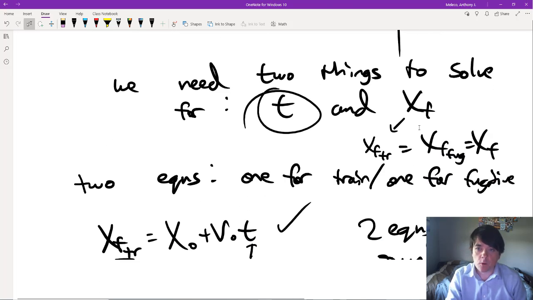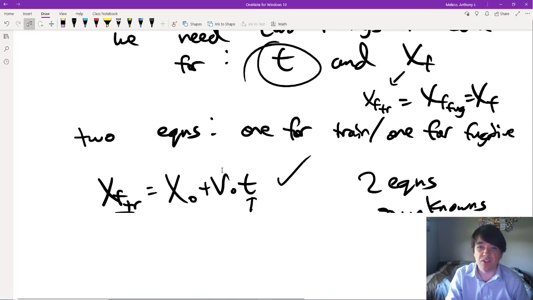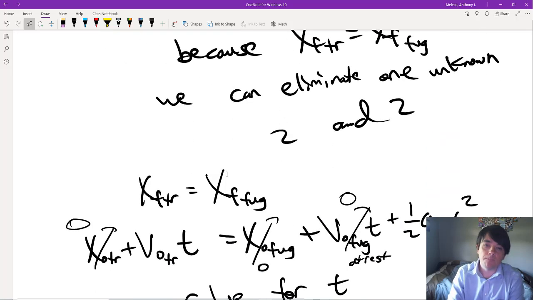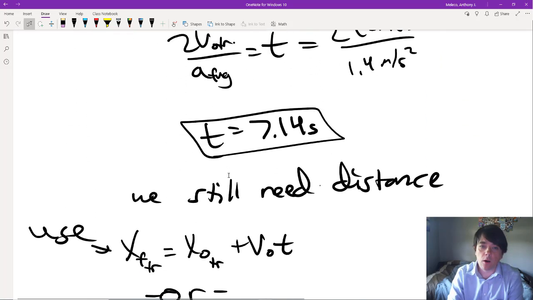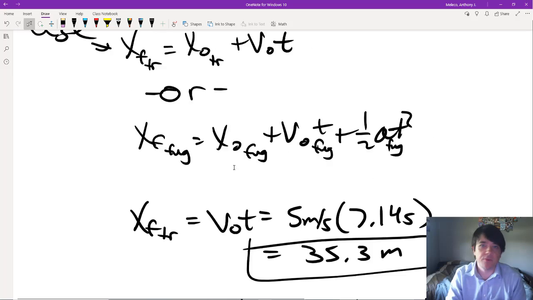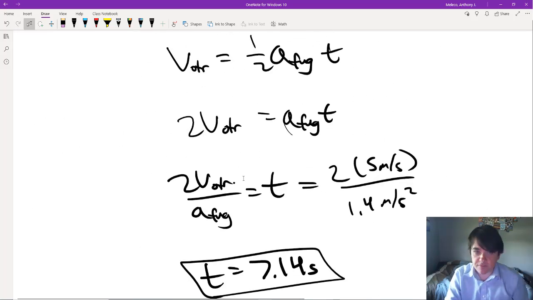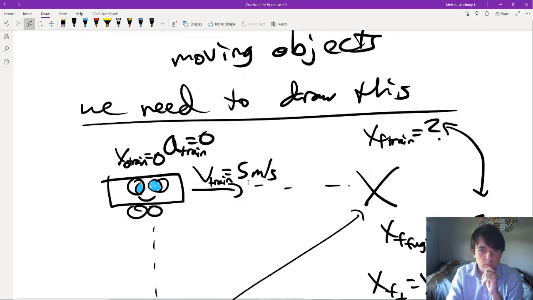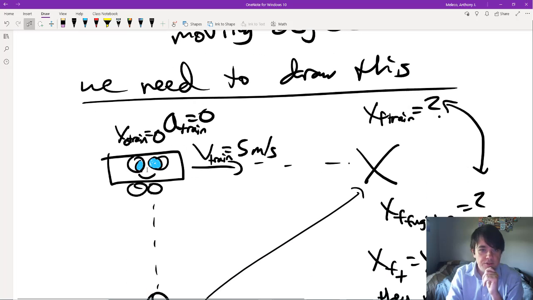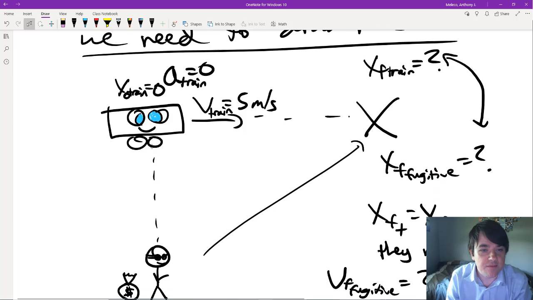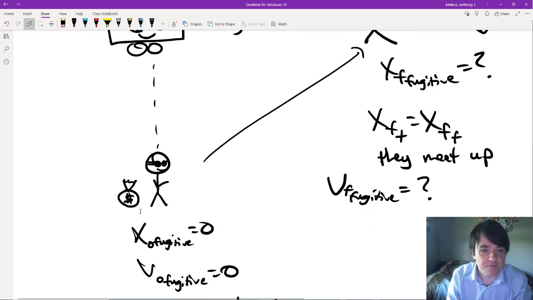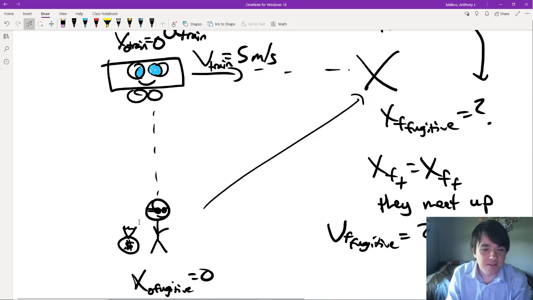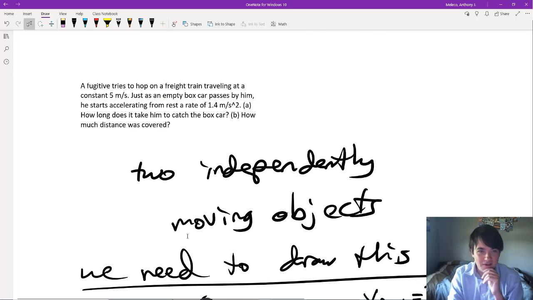It'll work the same way, where you just link the positions or you link the times. And if you have a hard time with this sort of problem, just rewatch the video. Hopefully the cute little train here helps. I think it's funny. I like the little guy, the thief or whatever with the money bag.